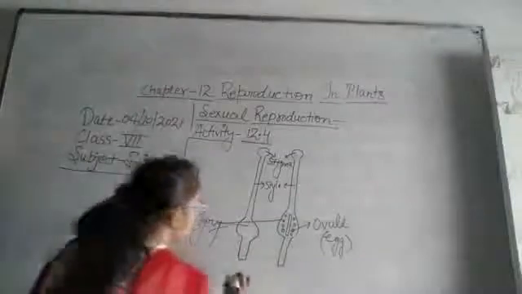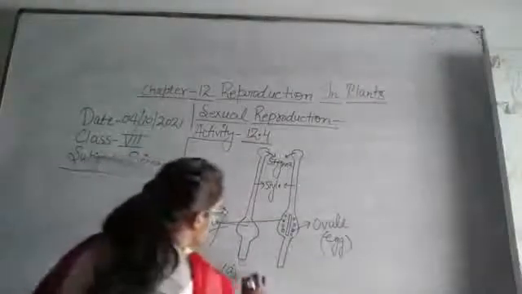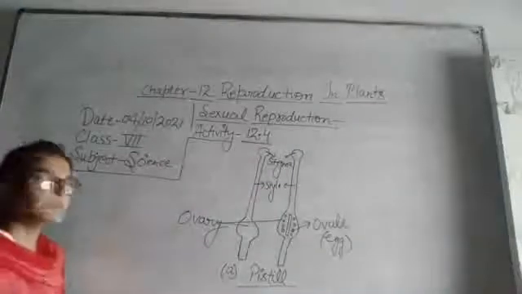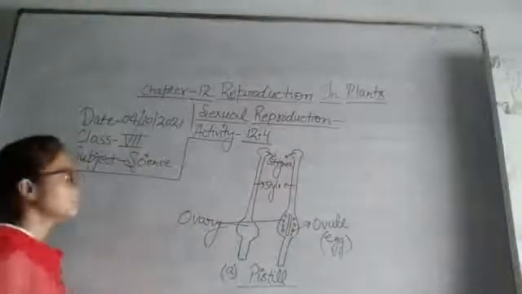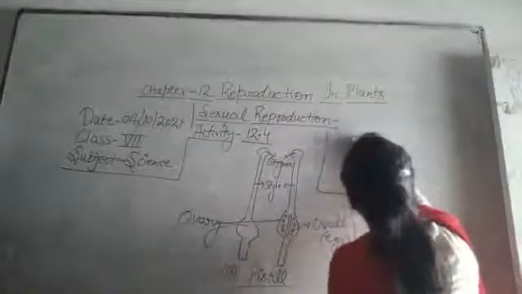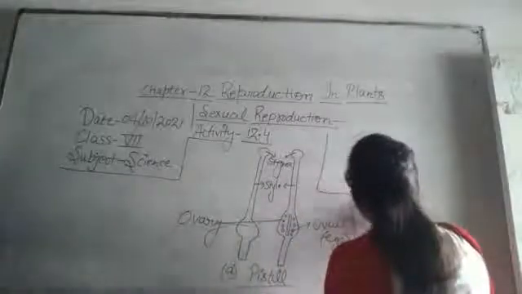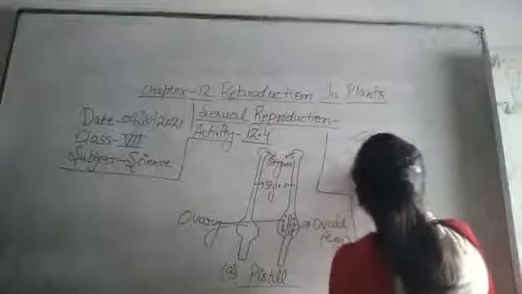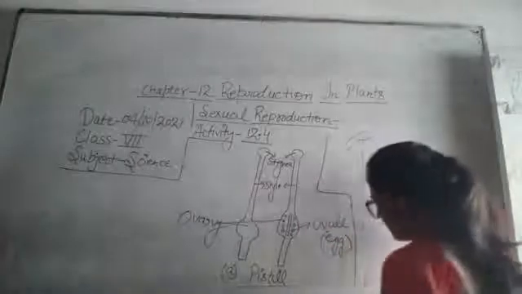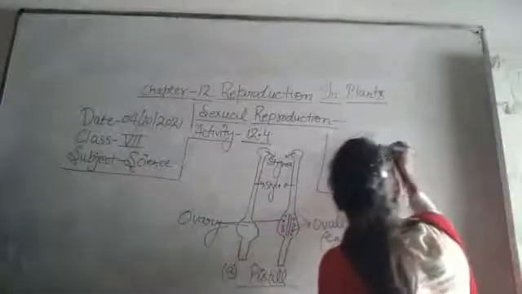And this is pistil. Pistil is the female reproductive part. And the male reproductive part: this is the filament, and this is the anther.